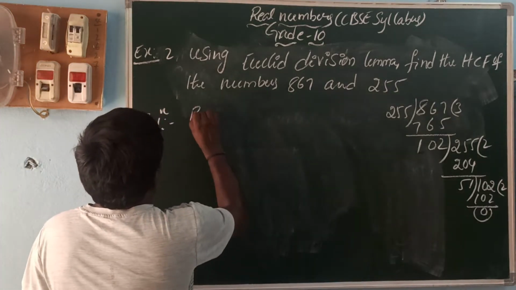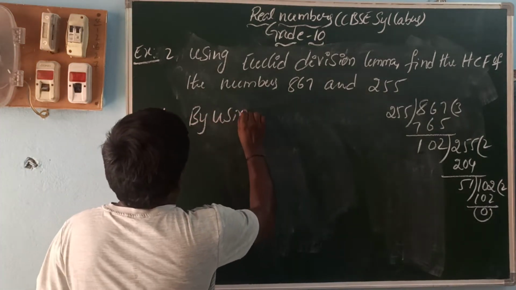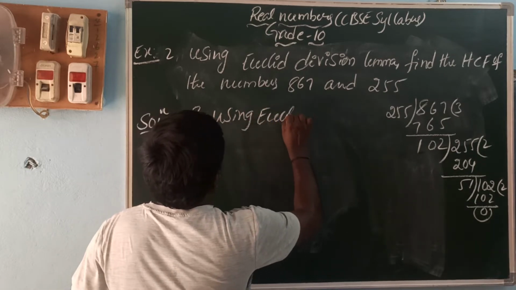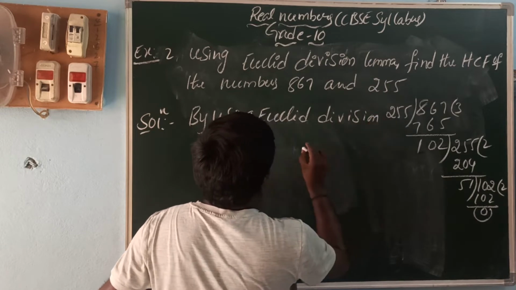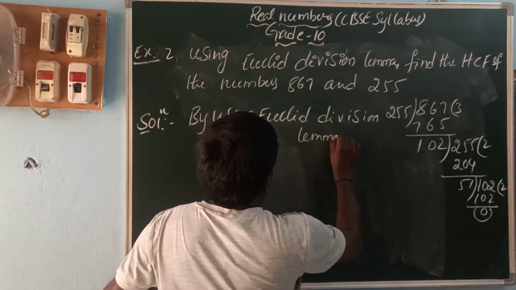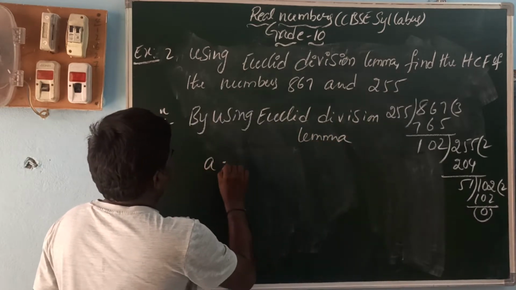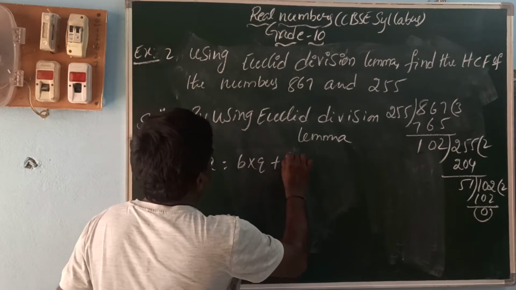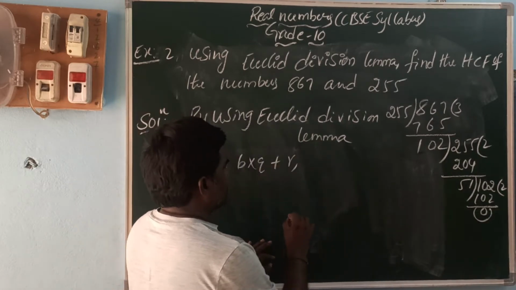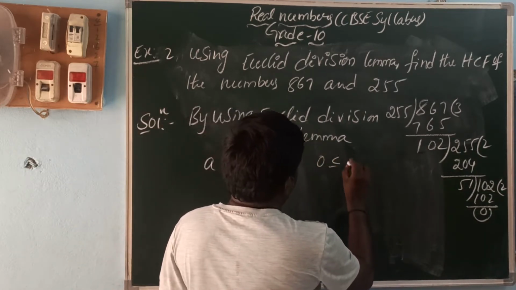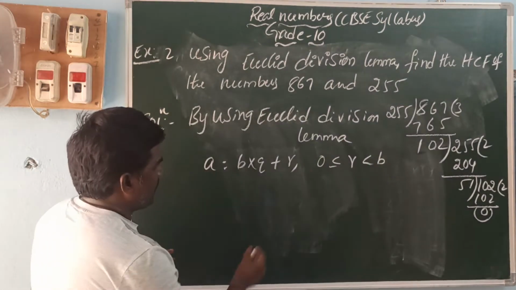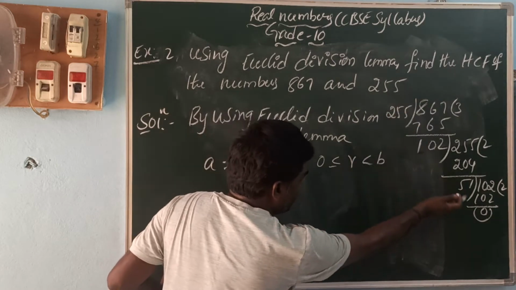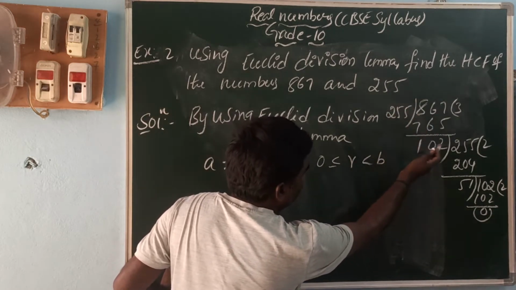So here, by using Euclid division lemma, we can write A is equal to B into Q plus R, where the remainder condition is 0 less than or equal to R less than B. How many times did we use the Euclid division lemma? 1, 2, 3.